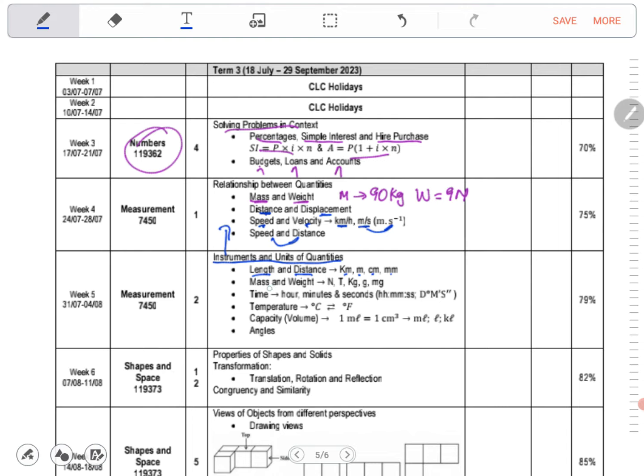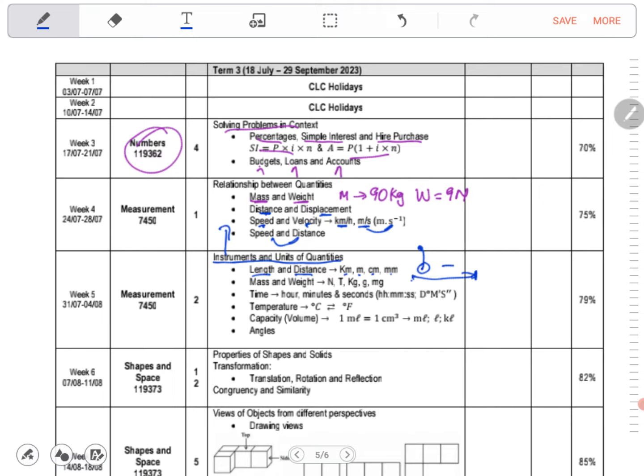To measure distance, you can use a trundle wheel, that wheel whereby people walk with a wheel. Usually it's police that have this kind of wheel to measure, for instance, how far the car travelled from when it burst a tire up to when it had stopped. Or to measure the length of a soccer field, we use a trundle wheel.